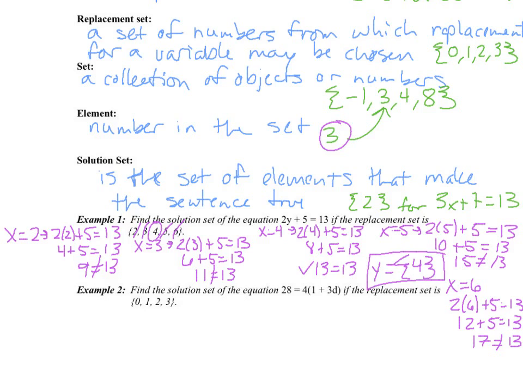Now example 2, you're doing the same thing, except you have a different equation and a different replacement set. So 28, let's try 0 first. So 3 times 0 is 0. One plus 0 is 1.